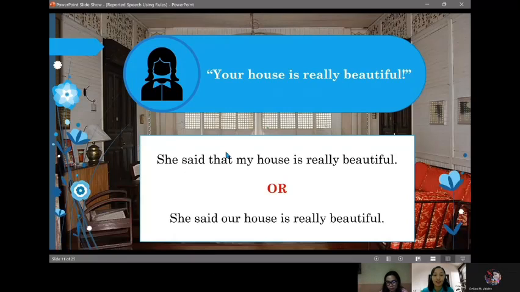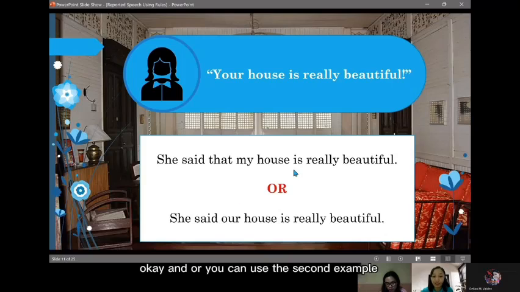She also used the optional that, and then she also changed the pronoun, from your to my. Since the speaker is a girl, we use the pronoun she. And there's no name provided, so we just use the pronoun she, okay?